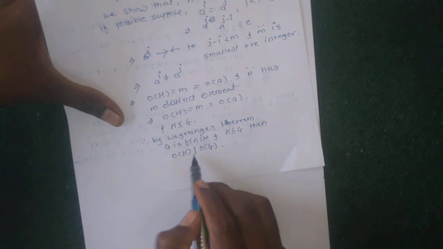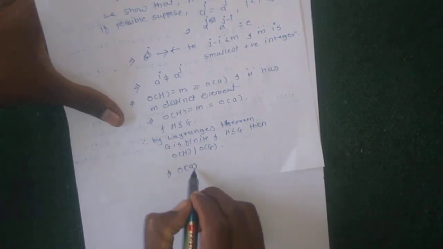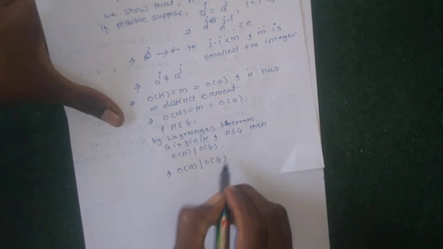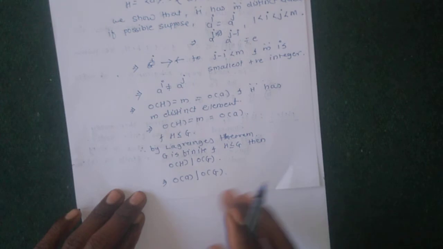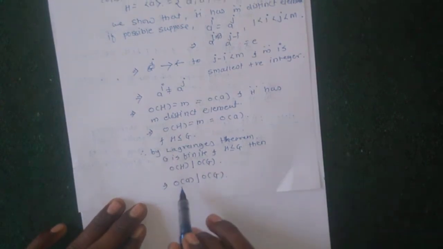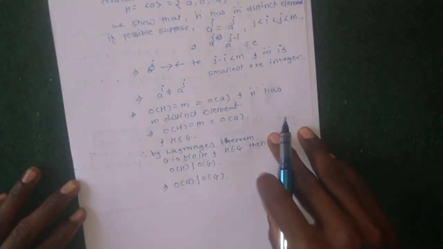The order of H divides the order of G, which implies that the order of a also divides the order of G, because the order of a and the order of H are the same. So this is a very simple proof.